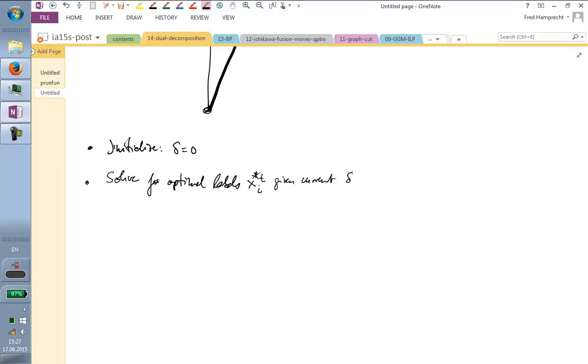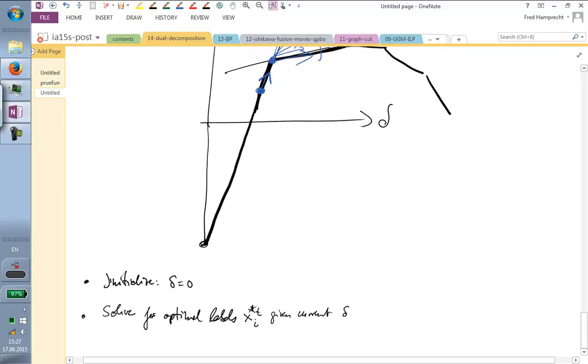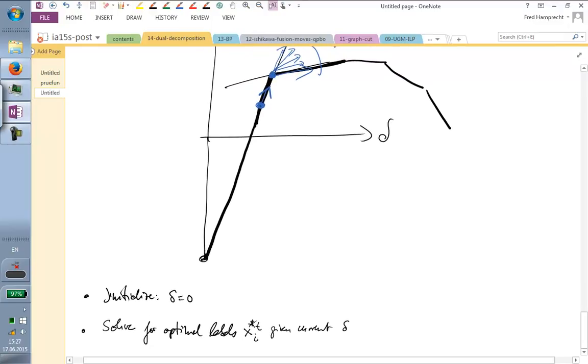So I'm trying to solve this linear programming problem. I could just use an LP solver.